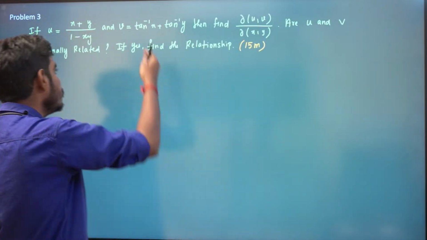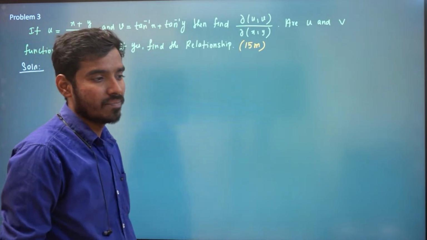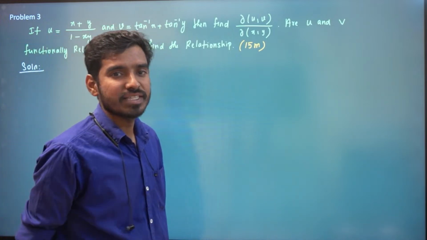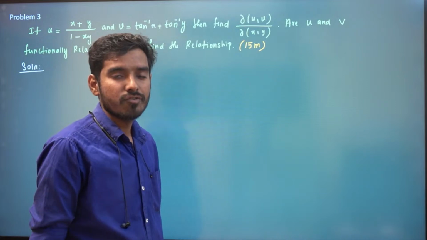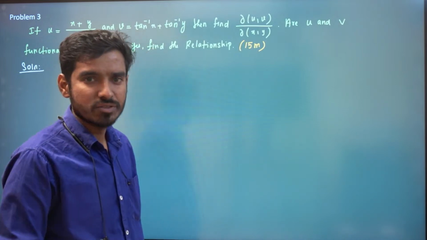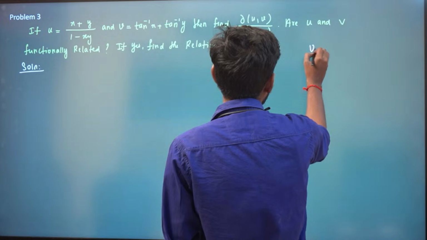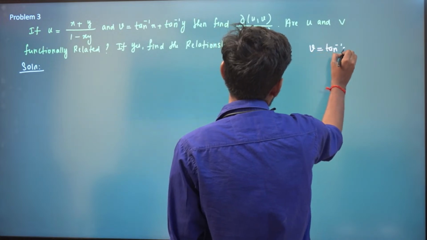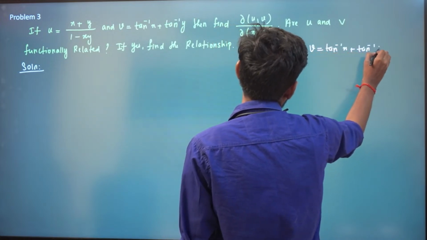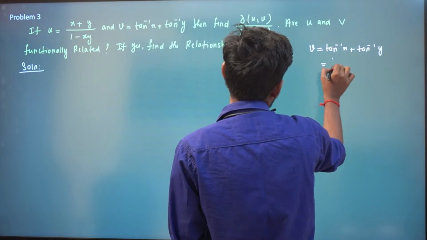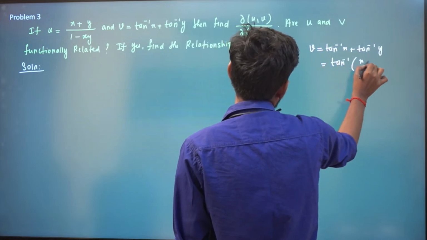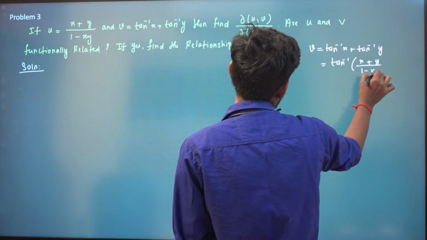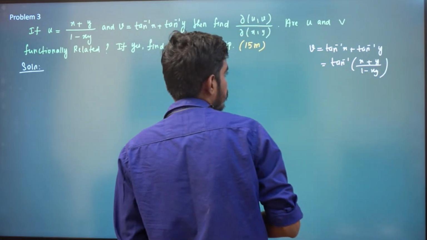How? See, what is tan inverse of a plus tan inverse of b? Tan inverse of (a plus b) by (1 minus ab), right? So v is tan inverse of x plus tan inverse of y. Now what is tan inverse of x plus tan inverse of y? Tan inverse of (x plus y) by (1 minus xy). Basic inverse trigonometric function formulas.